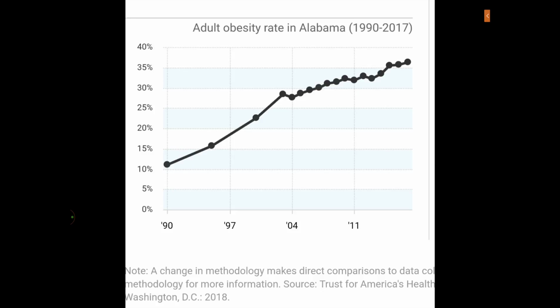So from 35, we go to 60% in the year 2035. In the year 2055, we have 85%. In the year, I lost track, but another 20 years later, we have 110% obesity in Alabama. And then we have 135%.